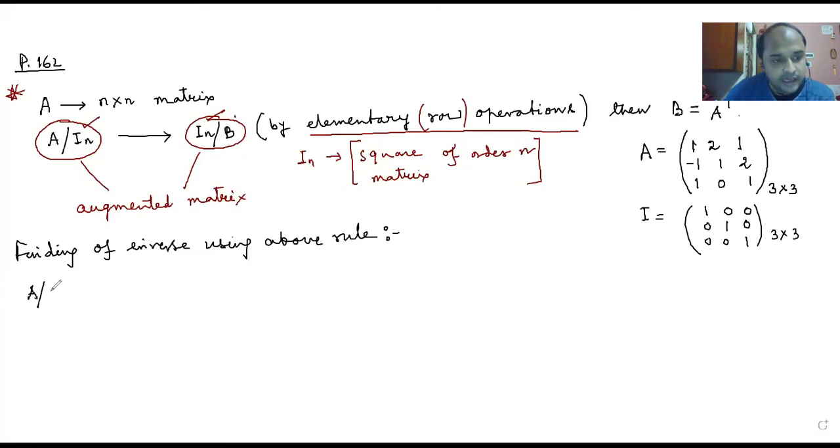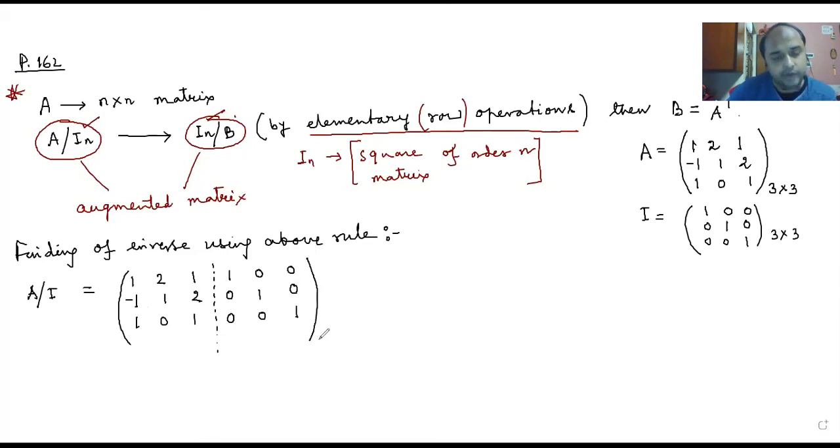So we shall write A I. Write the original matrix first: 1 2 1, minus 1 1 2, 1 0 1, put a dotted line, and beside that write 1 0 0, 0 1 0, 0 0 1.